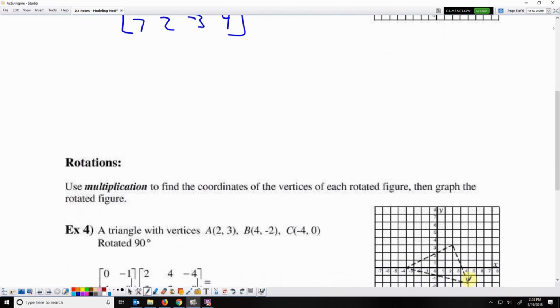Okay, a rotation. So we're going to rotate about some point, and that point for each of these is going to be about the origin. So the origin will be the center of our rotation. We're using multiplication again.